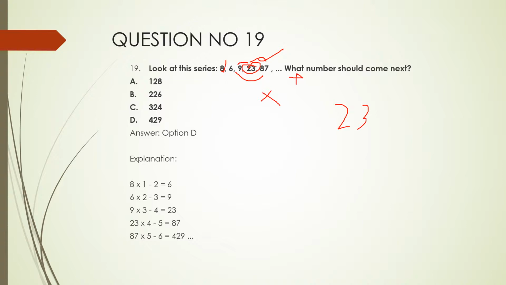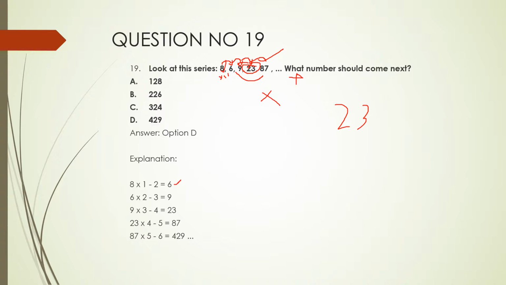So let's check now. 8 became 6. Then 6 to 9. 9 to 23. The only possibility is that if you multiply 8 with 1 and add 2, that means 8 into 1 plus 2, you will get 6.